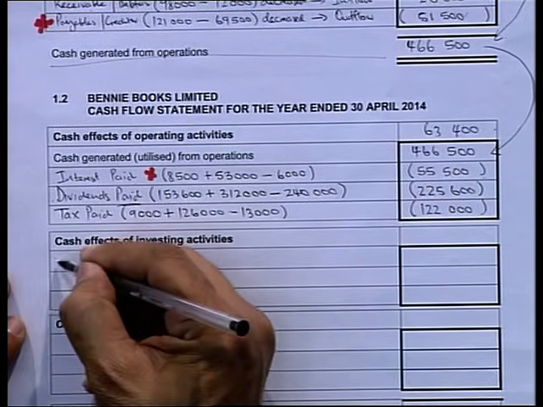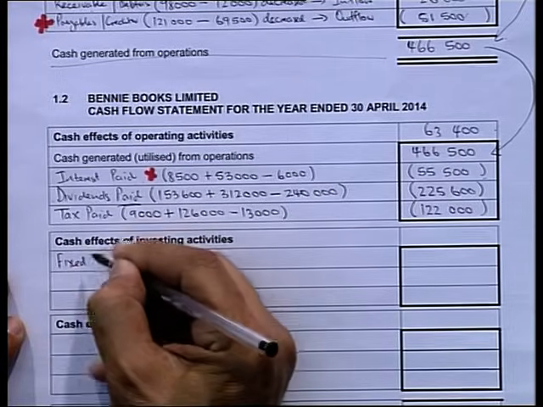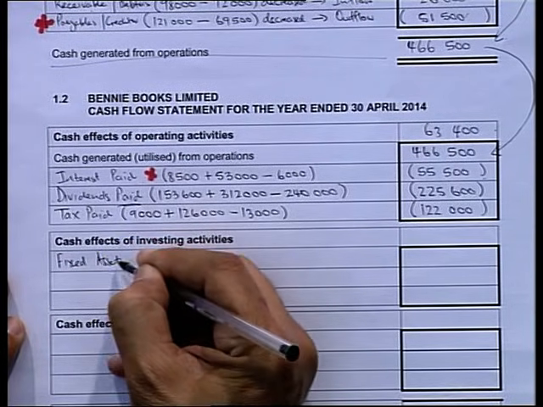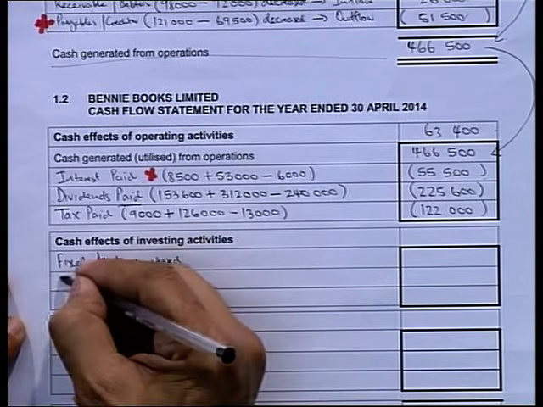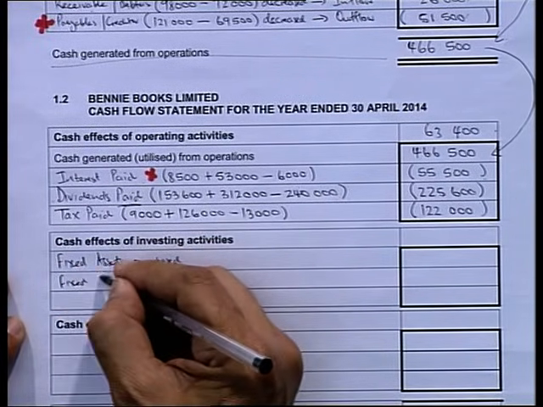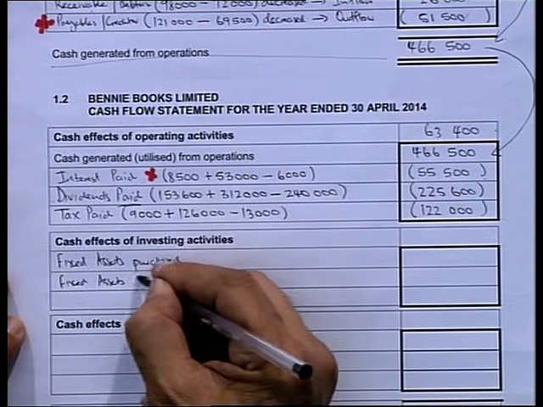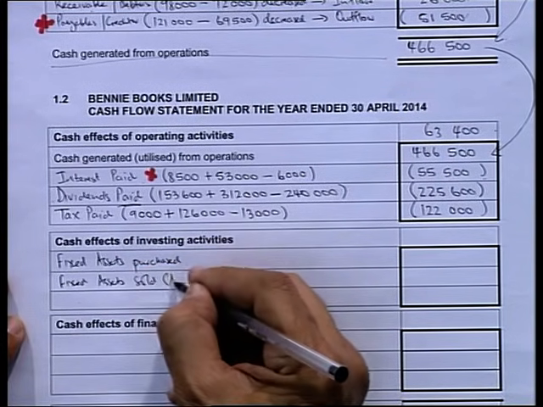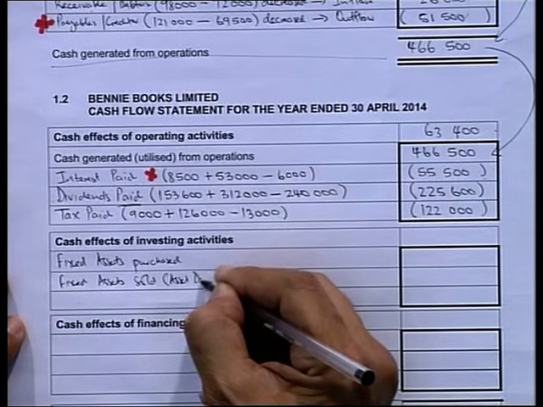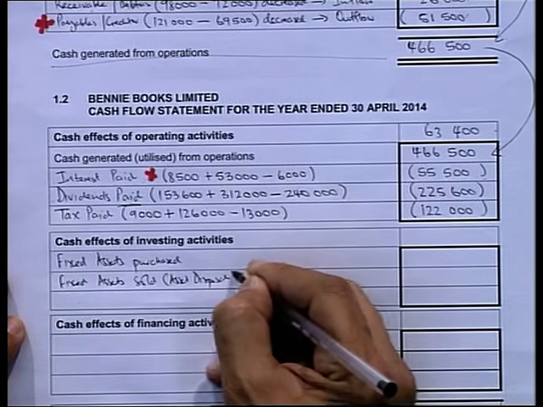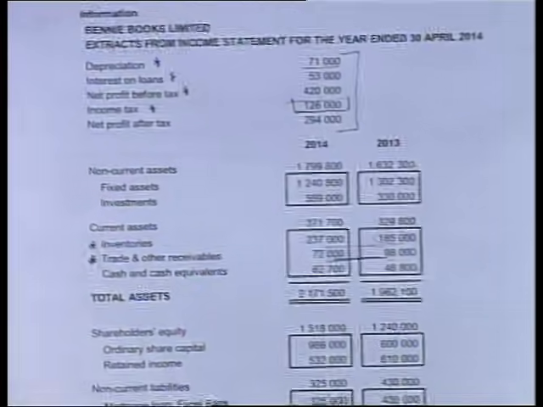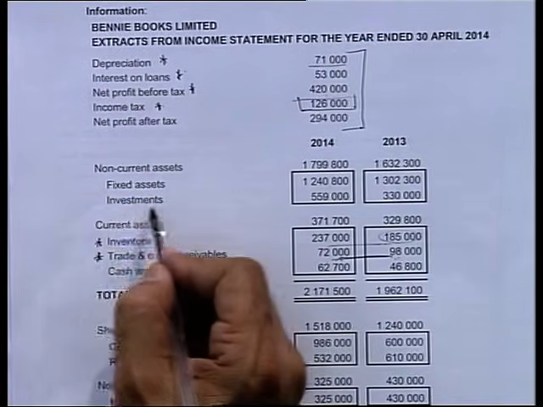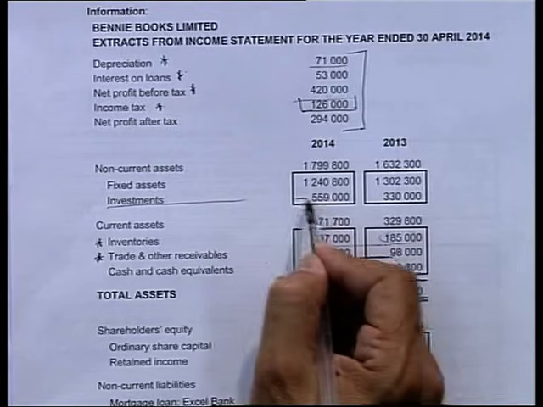So the first line will be fixed assets purchased, fixed assets sold, that will be the asset disposal, and the third line will always have to be something to do with investments, which is also called a financial asset, which is over there.